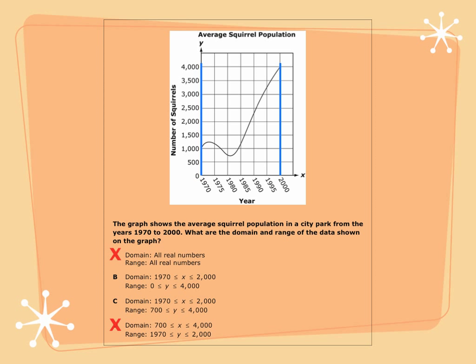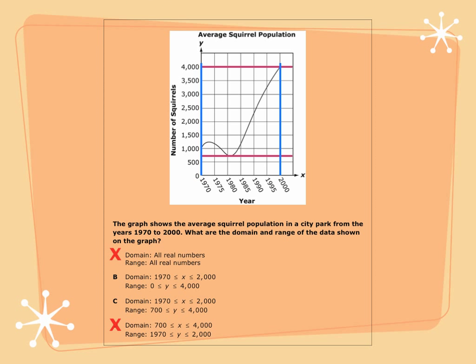My range values have to do with the y-axis, or the y values. When I look at the y-axis, the smallest range value would be right between 500 and 1,000, and the largest range value is going to be at 4,000.